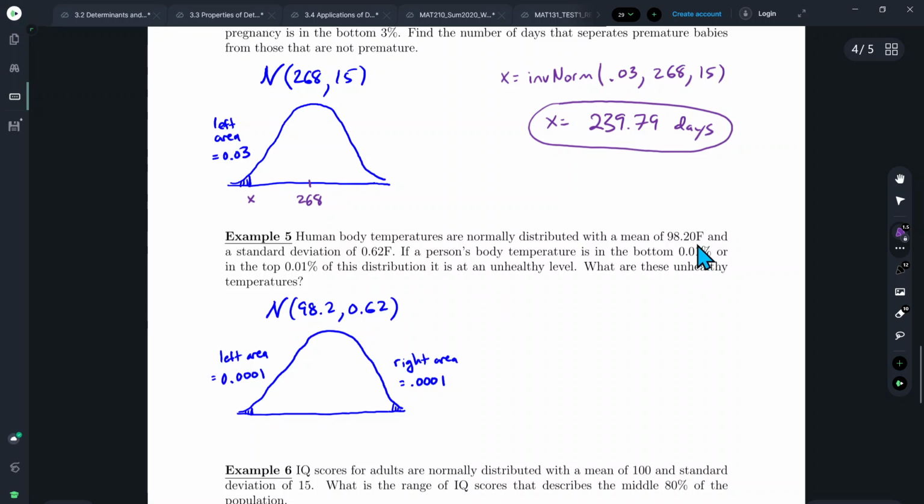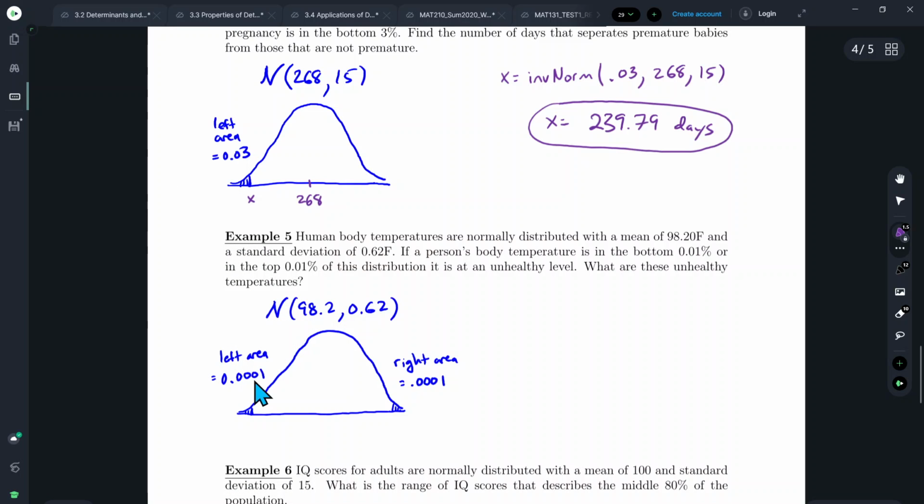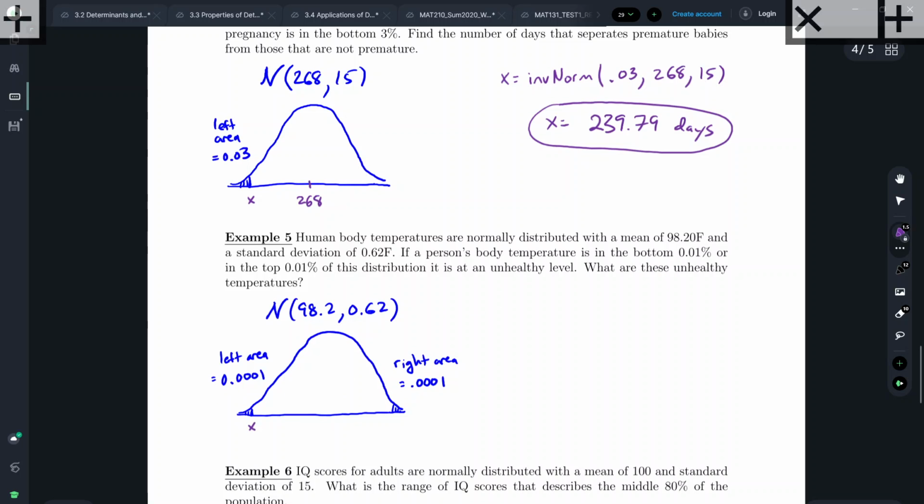First, these numbers are given in percentages, so we have to convert them into decimal form. 0.01 divided by 100 is 0.0001, and bottom and top would mean left and right. So we have to calculate two separate x values, x1 and x2.